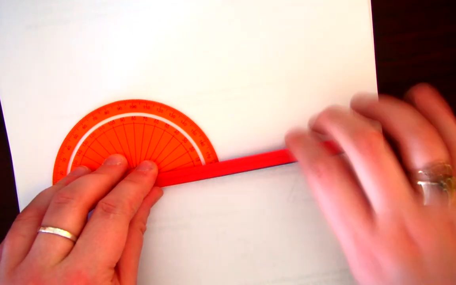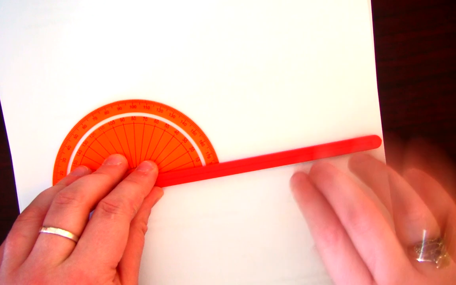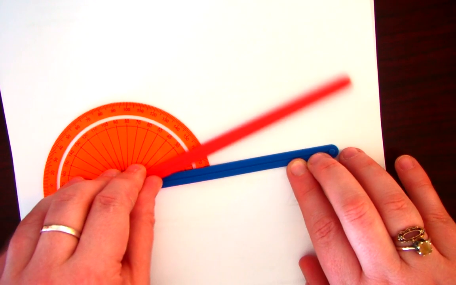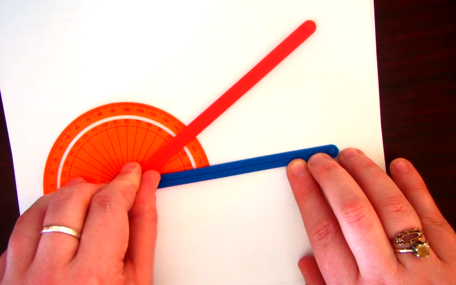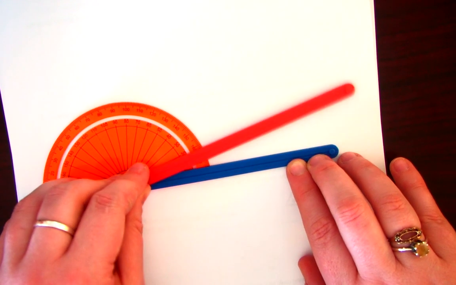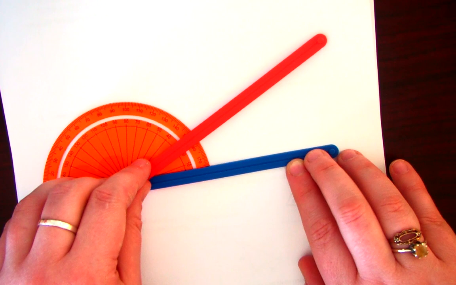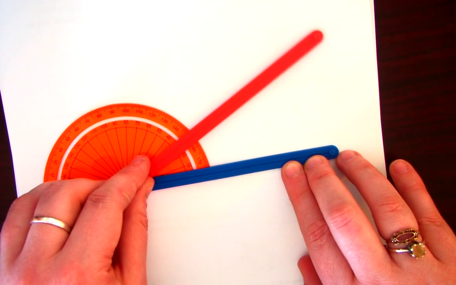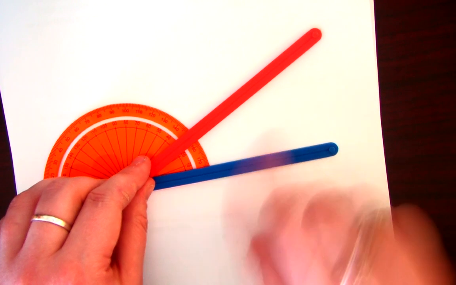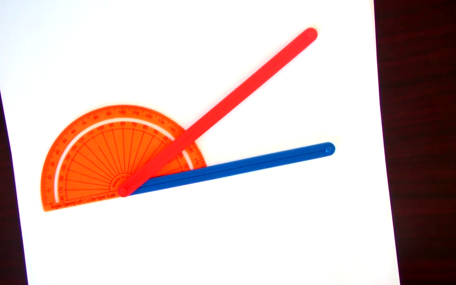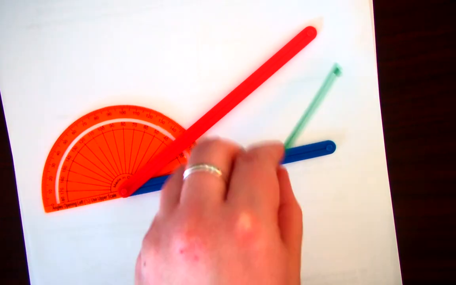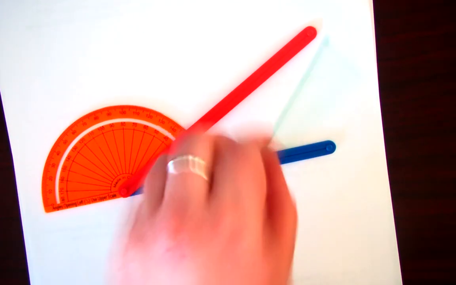I'm going to form a triangle using this red and blue side, and I'm going to open this up to form a triangle. I want you to notice as I open up the angle using the protractor, the angle gets bigger, right? Right now it's just a flat line, and then I create an angle that's now 20 degrees. Then I want you to notice how this angle impacts this third side.